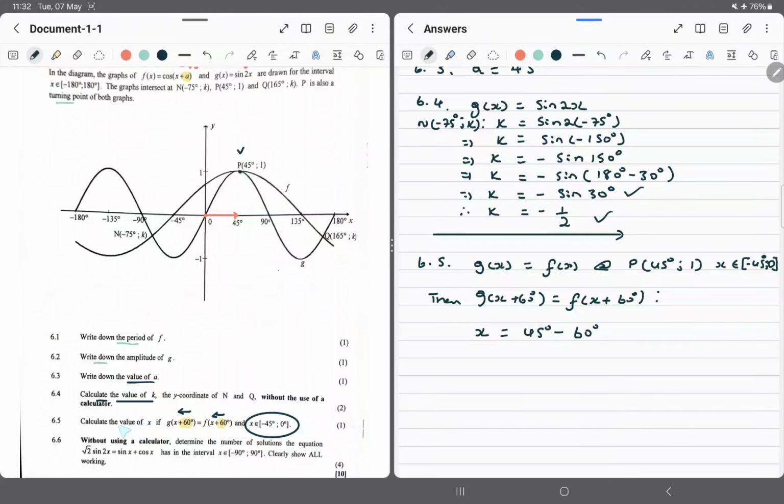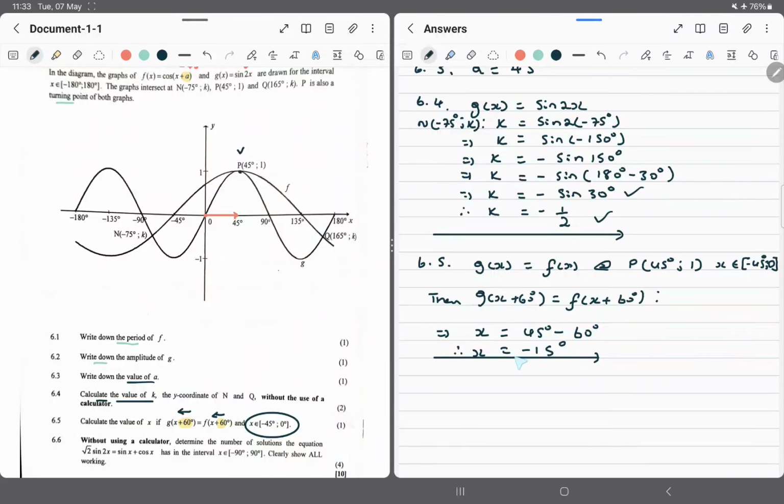We're not supposed to find the coordinates per se, but just the x. So therefore, x is going to be 45 minus 60. 45 minus 60 is minus 15. And x is definitely in that domain.